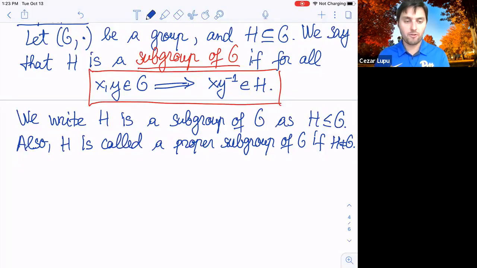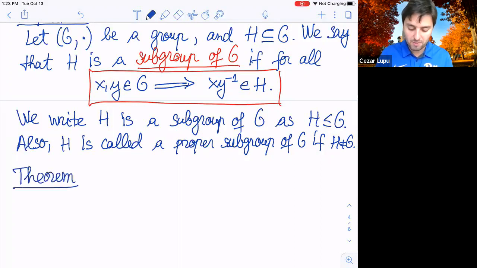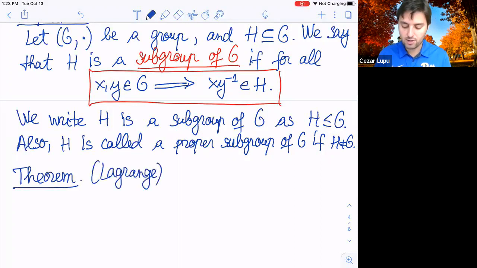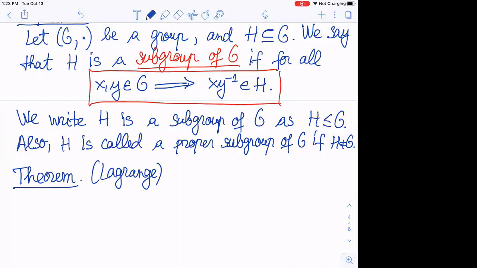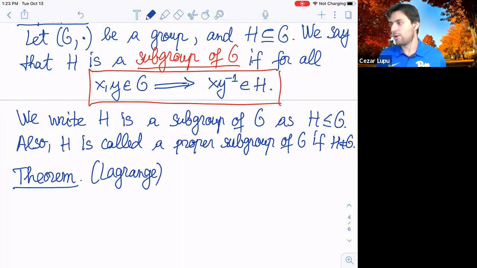And now the first amazing, astonishing theorem that comes, and you learn this in any Foundations 1. Jack, you learned this in Foundations 1, I believe, right? Yeah. This theorem is due to Lagrange, which says the following. Basically, if I have a group and I have a subgroup, then the order of the subgroup will always divide the order of the group.